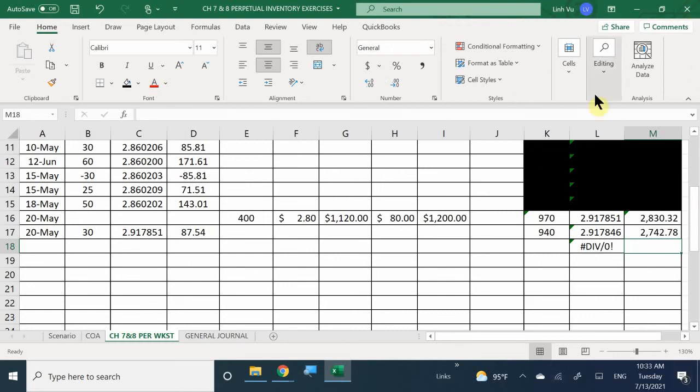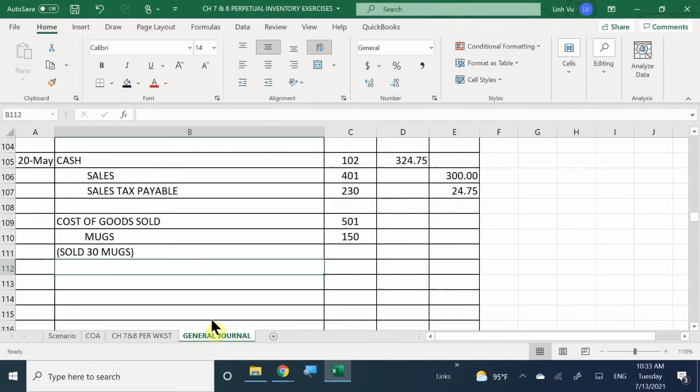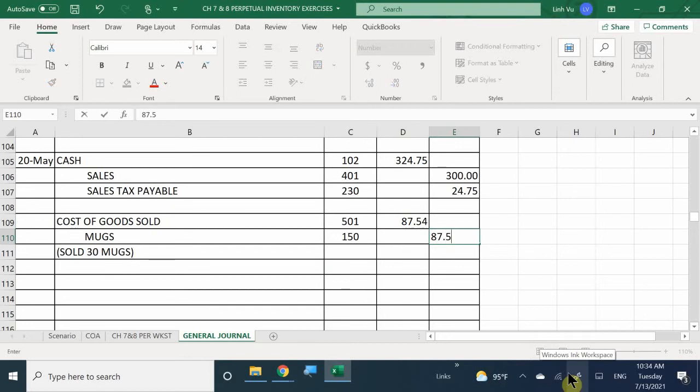And then now we have that. My cost of goods sold is roughly the same amount. But now we have this figure here for $87.54. So now that transaction is done.